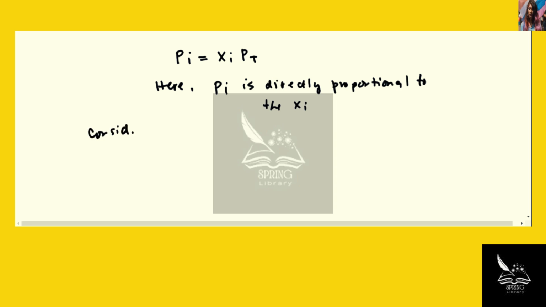Consider oxygen gas in air under atmospheric condition near the Earth's surface. The partial pressure of oxygen gas is 0.21, where the total pressure is 1 atmosphere.